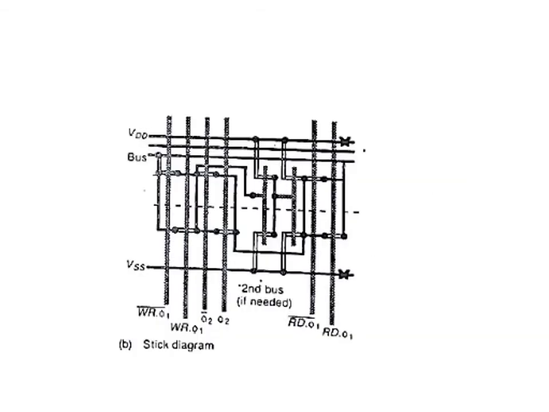Here you can see a stick diagram for CMOS pseudostatic memory cell. You find the VDD line, VSS line, and a demarcation line. Above the demarcation line you have PMOSFETs, and below it you have NMOSFETs.